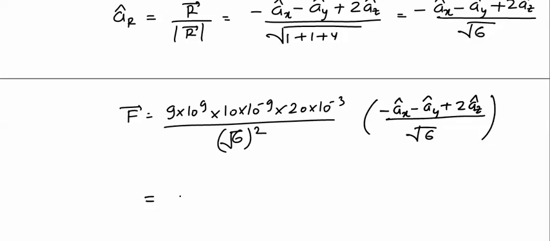So this is a simple example of calculating the force due to one charge on the other charge. This much force is exerted by the 20 nanocoulomb charge on the 10 nanocoulomb charge. If the reverse is asked, we just substitute a negative sign, because the direction of r will be reversed.